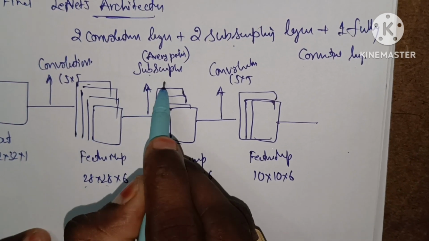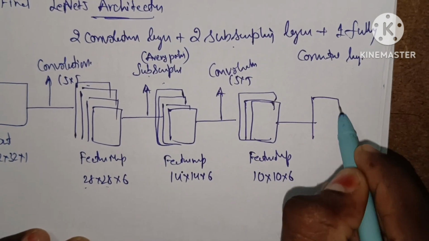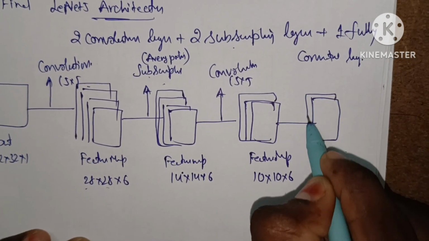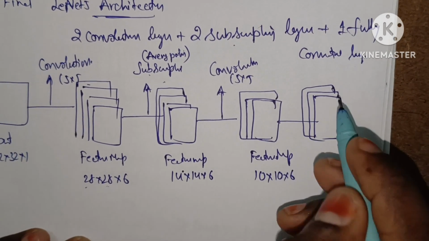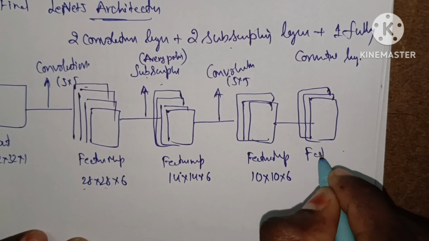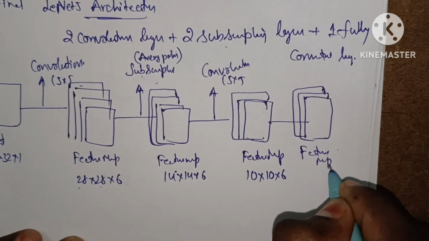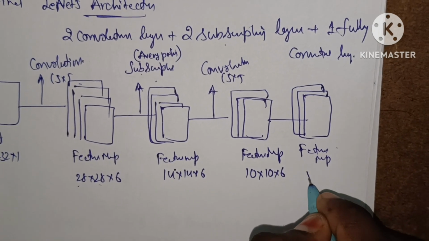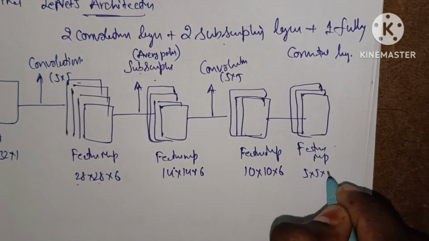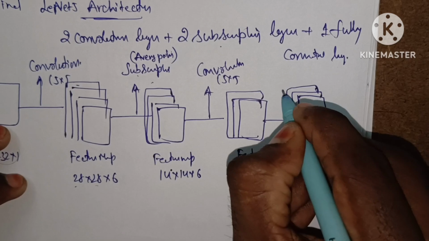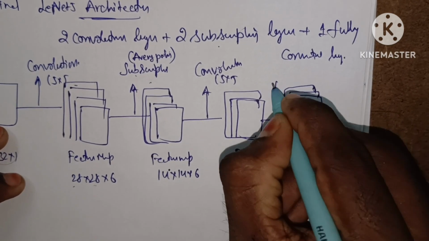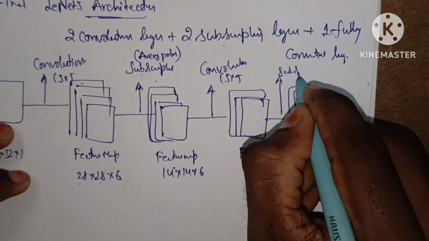After convolution, subsampling, convolution, again we apply subsampling. This is also called a feature map. The size is 5 into 5 into 6. Here we apply subsampling.